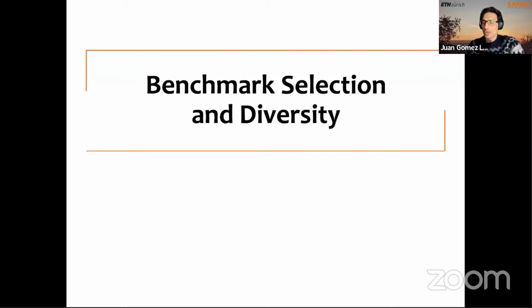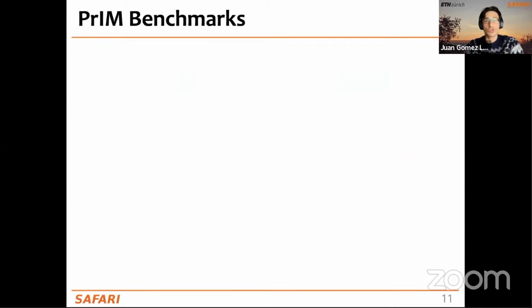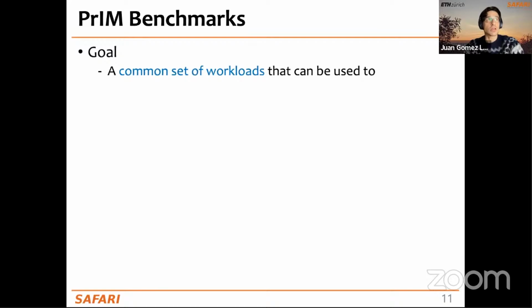So in order to do so, what we did was develop a benchmark suite that we call PrIM, and the codes that belong to this benchmark suite have been carefully selected based on their diversity and based on the different fields that they belong to. So that's the first thing that I want to discuss with you: this benchmark diversity of the PrIM benchmark suite.